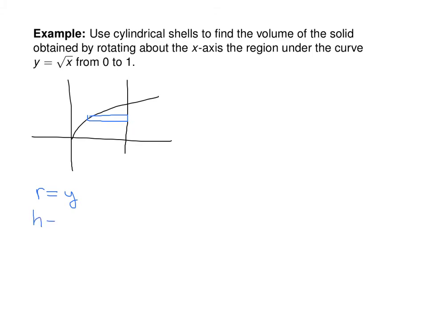The height, so how tall is that? Solve for x, you get x equals y squared. That is the distance from here to here. That's y squared. The height will be 1 minus y squared.